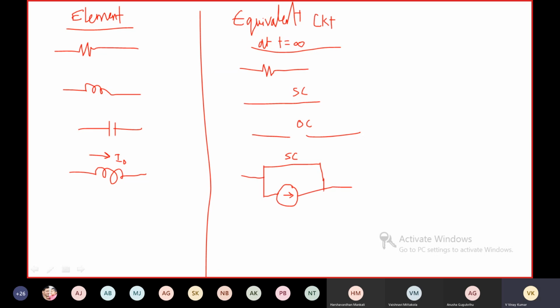This is the equivalent circuit. This is I naught. Sorry, capacitor. Capacitor with initial value V naught. Then the equivalent circuit will be V naught and open.